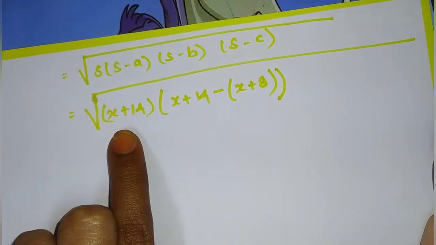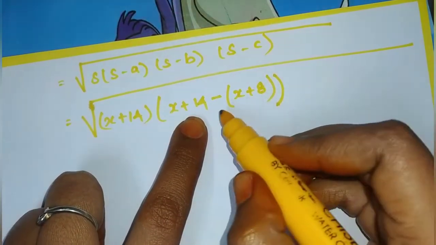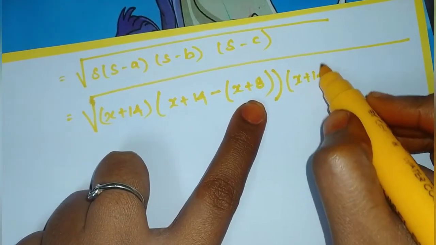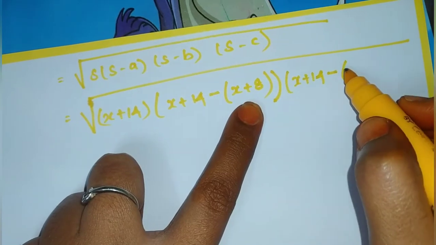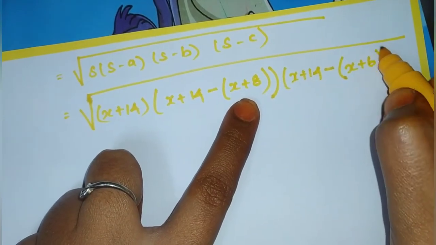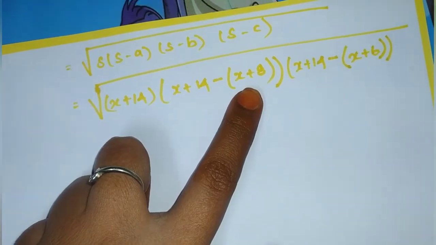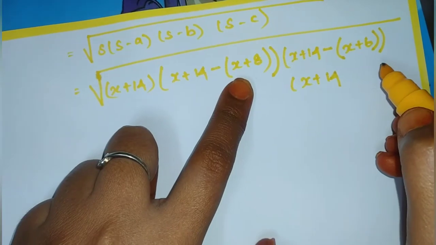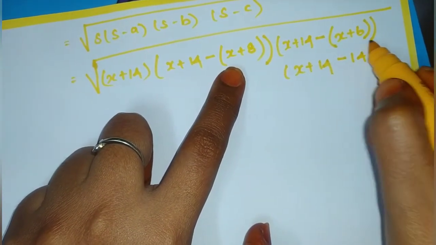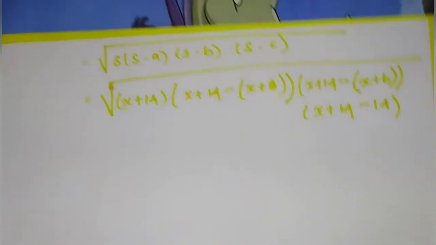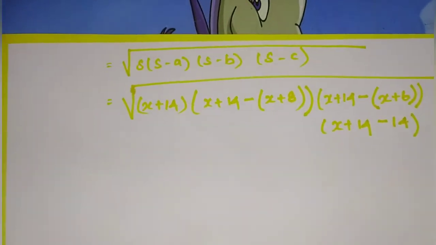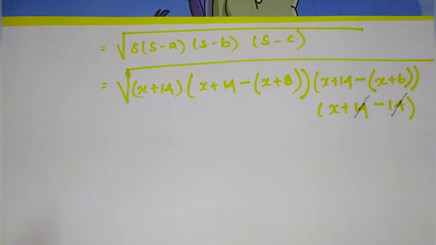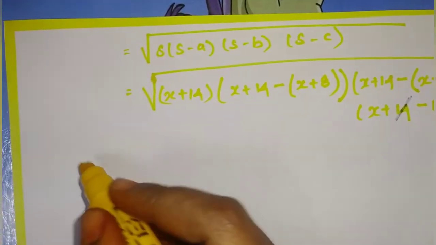Then x plus 14 minus b, where b is x plus 6. Close the bracket. And then the third one, x plus 14 minus c, where c is 14. Close the bracket. Here we can cancel this plus 14 and minus 14. This one we can cancel, and write the remaining.